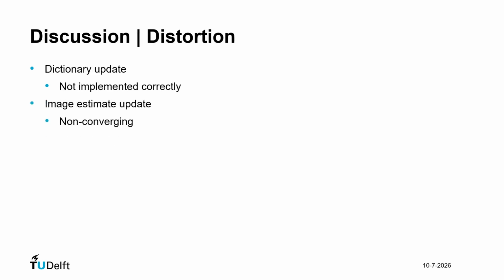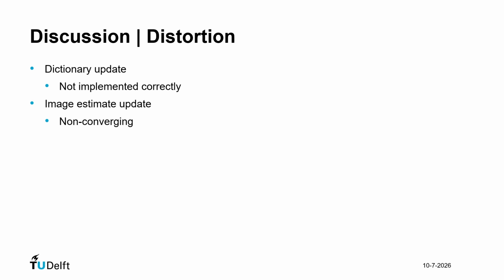Now to discuss these results, we will start with the distortion. The current implementation of the method does not work because it causes a lot of distortion. And this can be due to two factors. We see directly that the dictionary is updated incorrectly. It could be due to the dictionary update step, which is taken from the KSVD paper, and it could have been that we did not apply it well within our framework, which resulted in incorrect adjustments.